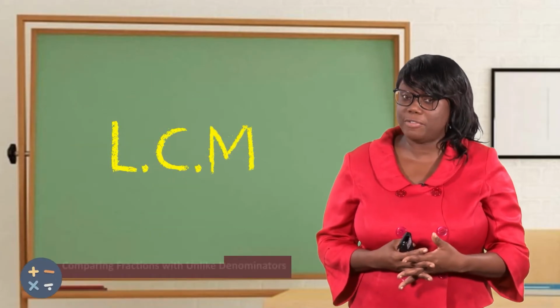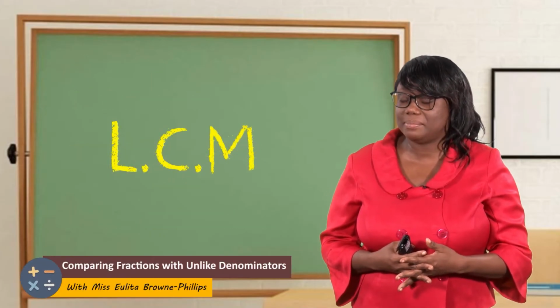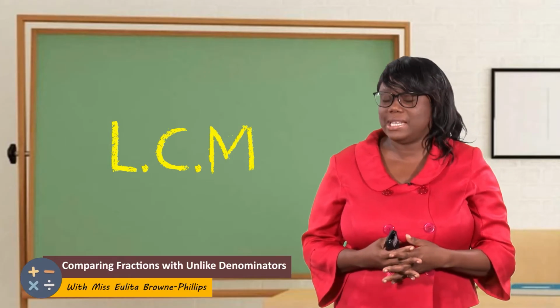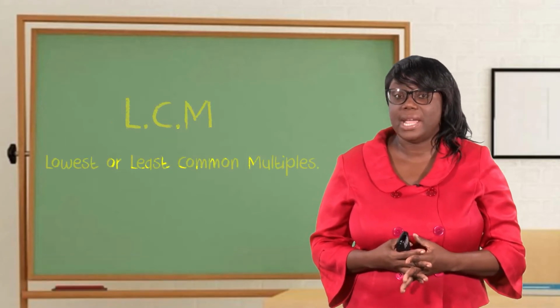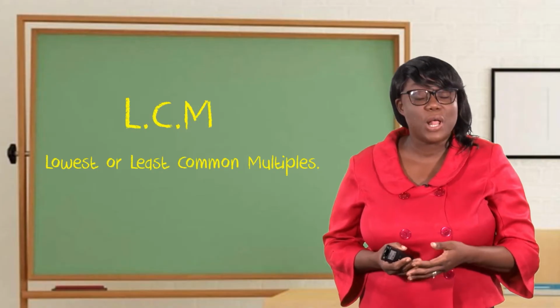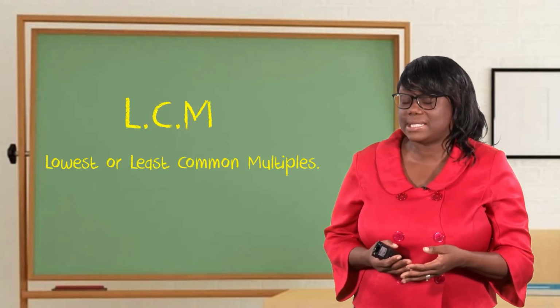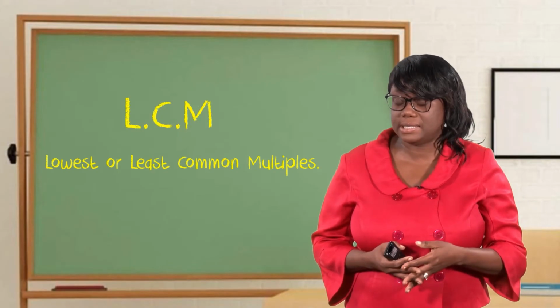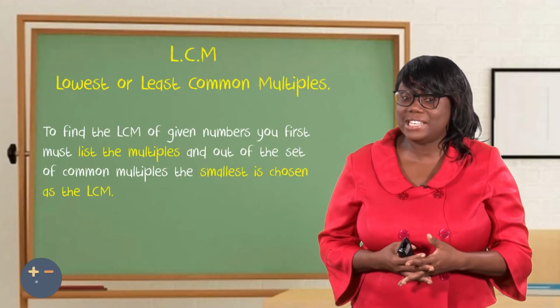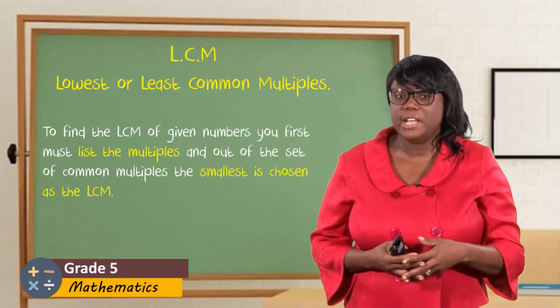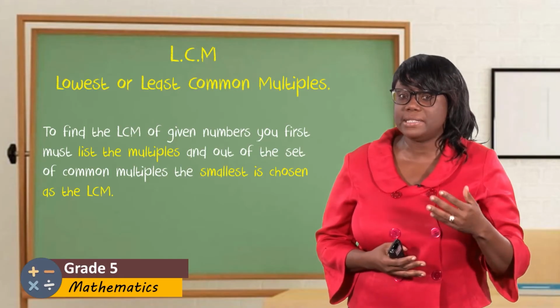LCM. Have you ever heard the term LCM? What does LCM mean? LCM means lowest or least common multiples. To find the LCM of given numbers, you must first list the multiples.